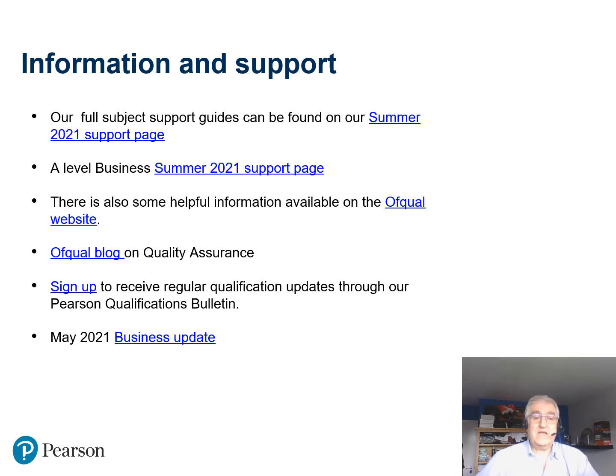The fifth link is where you can sign up to receive regular bulletins from our assessment team. And the last link is to my May 2021 business update, which has also information relating to grading and the 5 steps.